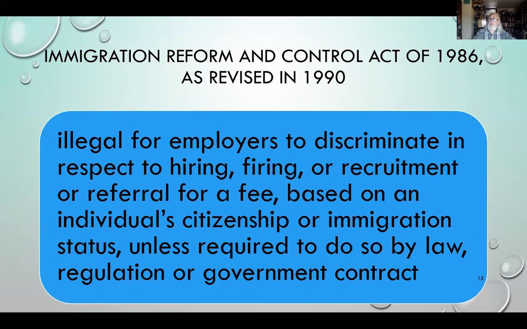It doesn't mean you can't hire someone. Well, you can hire someone who's an illegal immigrant, but then again, you can run afoul of the law there too. So what it means is you can't give a regular citizen's job to an illegal immigrant. That is against the law.